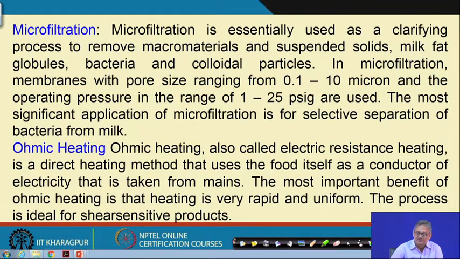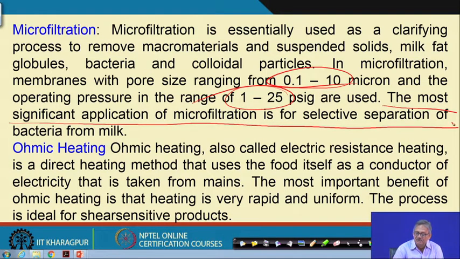So between 0.1 to 10 micron size, and the operating pressure ranges between 1 to 25 psig. The most significant application of microfiltration is to separate the bacteria from milk.